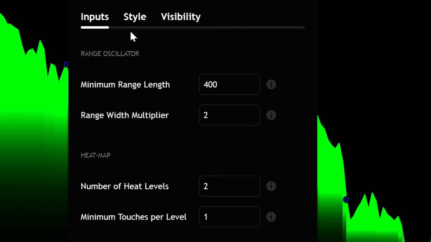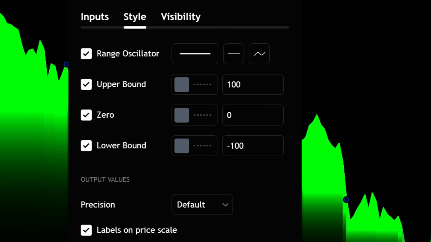Then go into the Style tab and set the upper band to plus 200. And the lower band to minus 200. That's it.